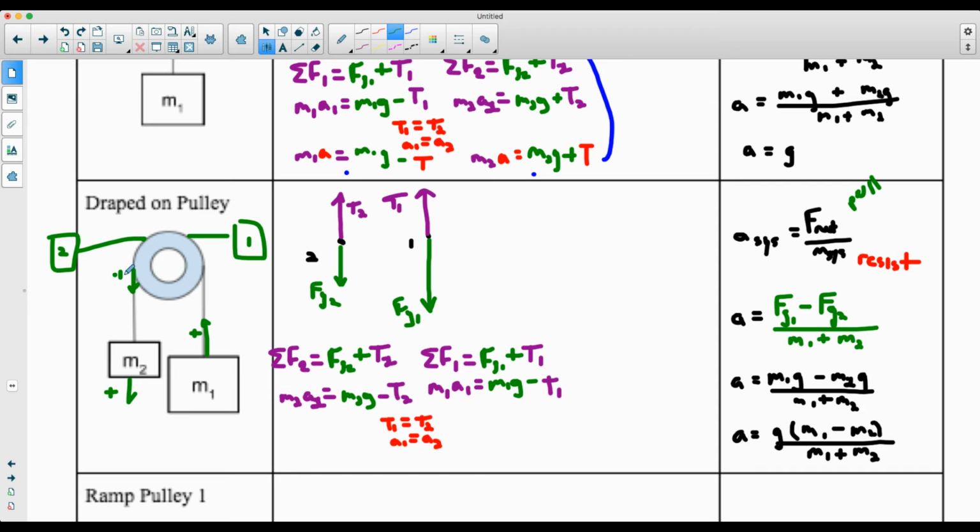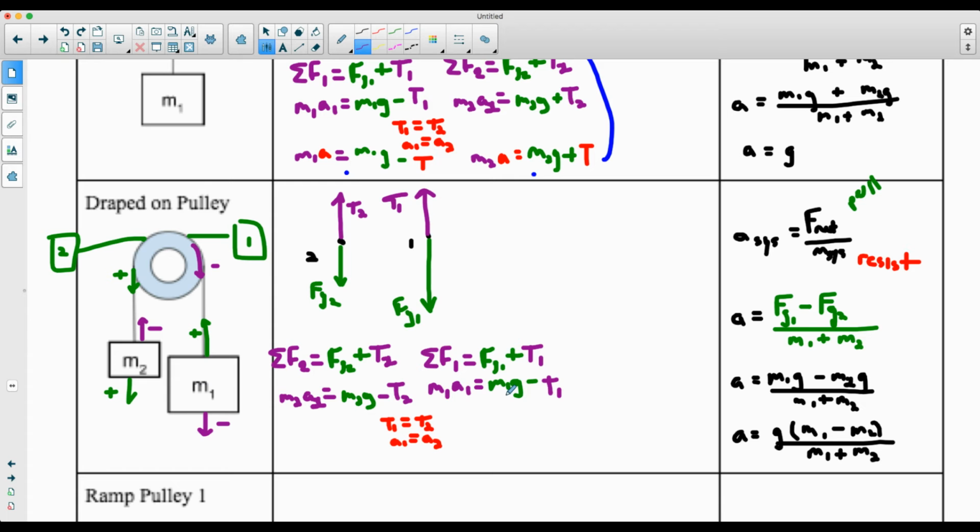That's the positive direction. Fine. There's no rule on that. That's just the way we pick. Then the other way, this way is going to be negative. This way is going to be negative. So you have to follow the rope when you're doing these. There's a positive direction along the rope and a negative direction. It doesn't really matter. Pick what you want. So here, my M2G is in my positive direction, but my T2 is in my negative.